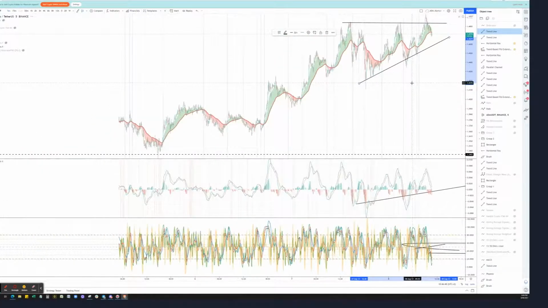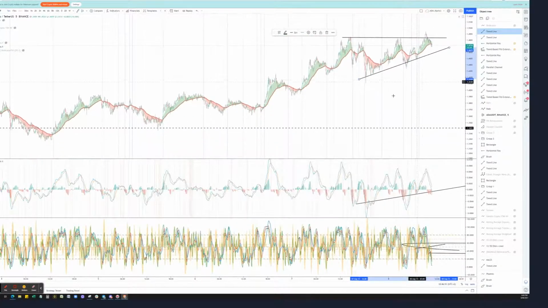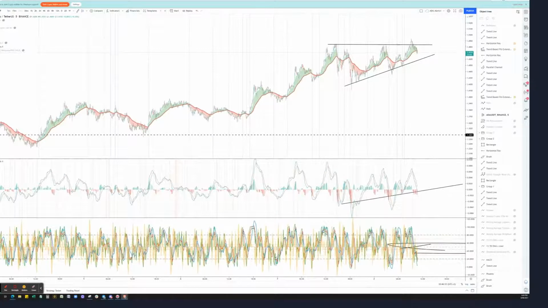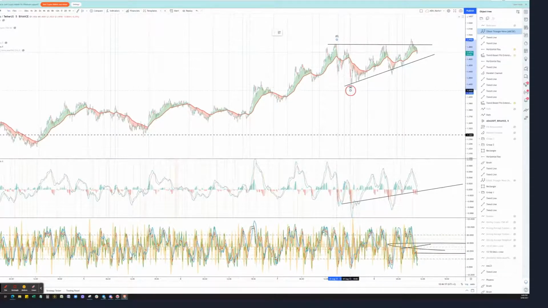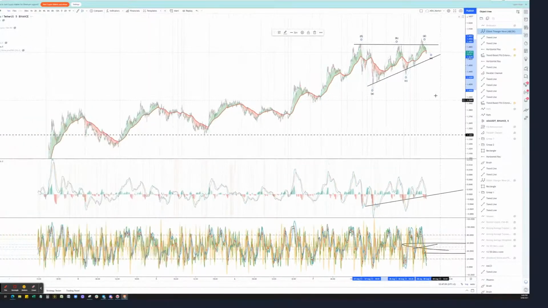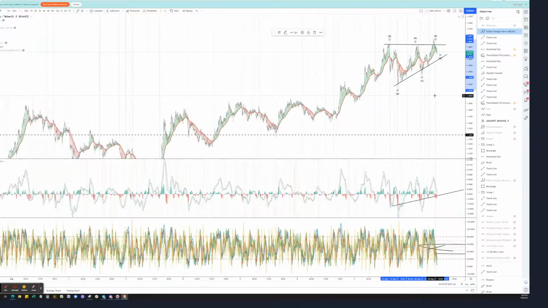That can be the signal. So let's just count that. A, B, C, D, and E could be anywhere there. So that looks like it's about to break.